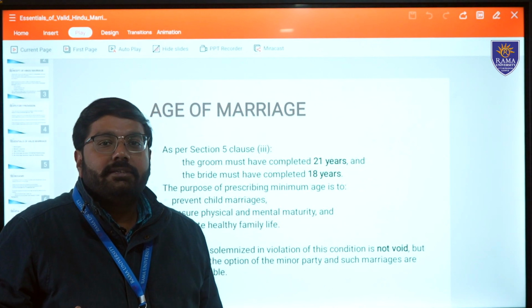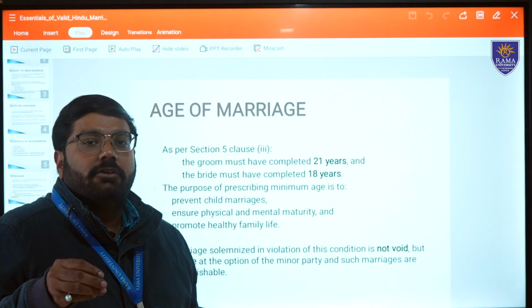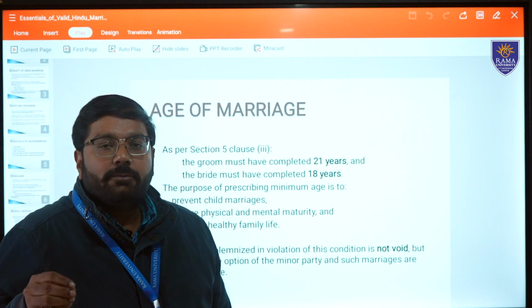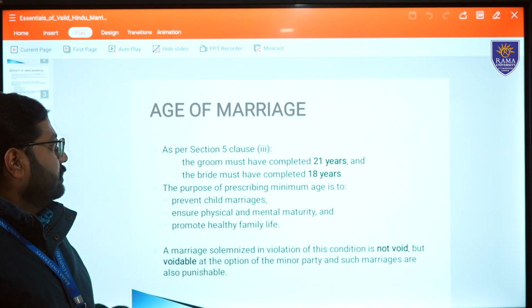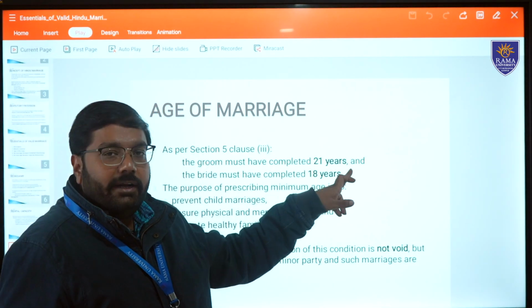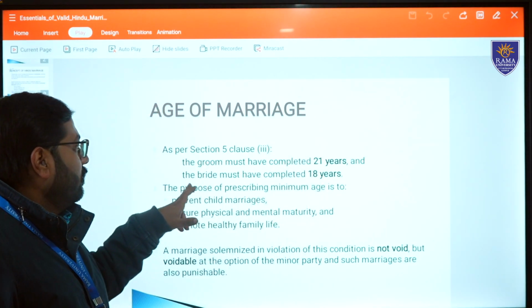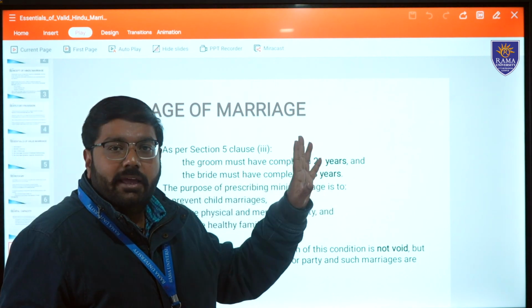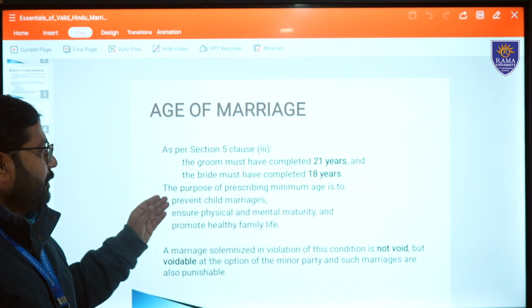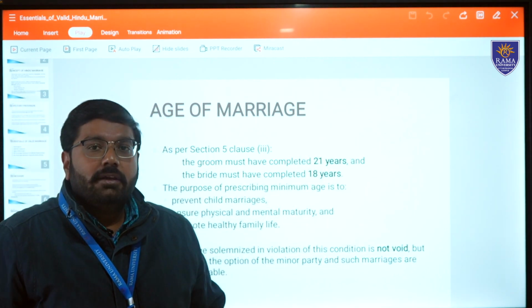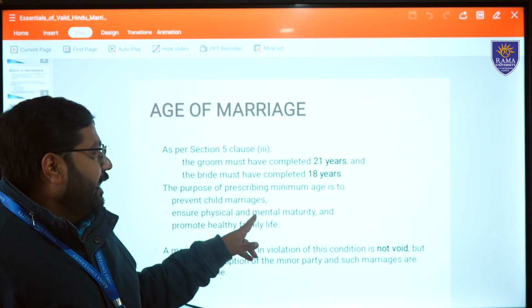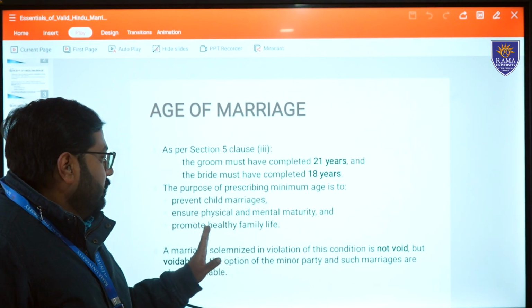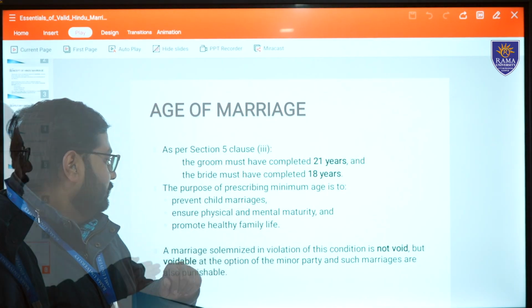Now, the third point talks about the age of marriage. Section 5, Subclause 3 states that the groom must have completed 21 years of age and the bride must have completed 18 years of age. The purpose of prescribing a minimum age is to prevent child marriages, ensure physical and mental maturity, and promote healthy family life.